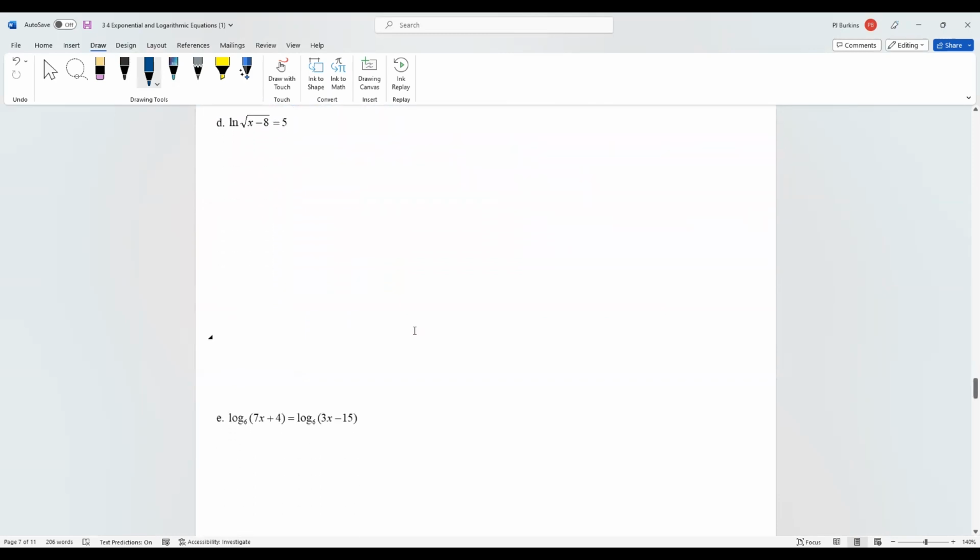All right, continuing on, I have natural log of the square root of x minus 8 is equal to 5. There's a couple different ways I can do this. One that I can do is start off by saying that square root is the same thing as expressing this as 1/2 power.